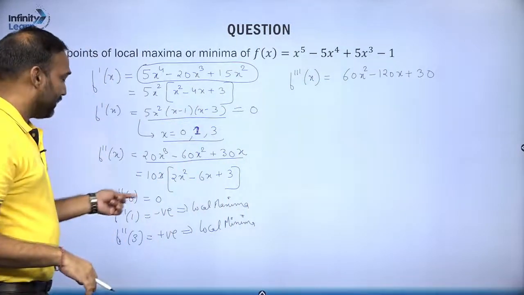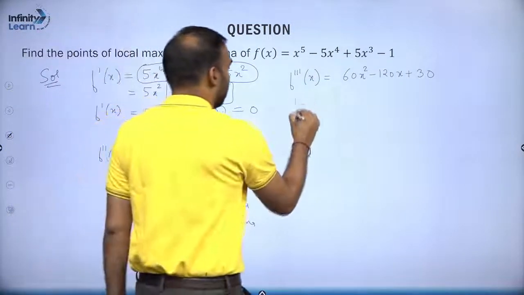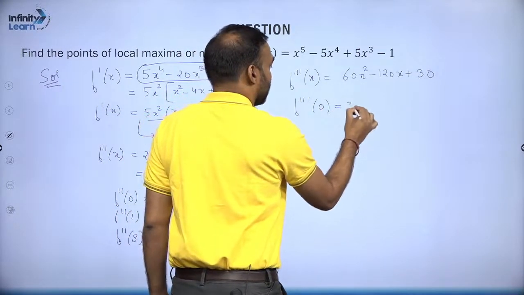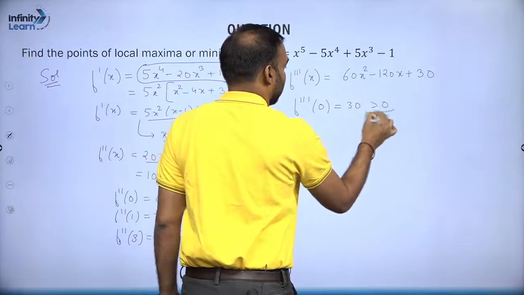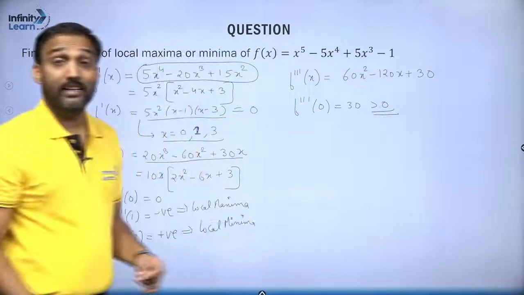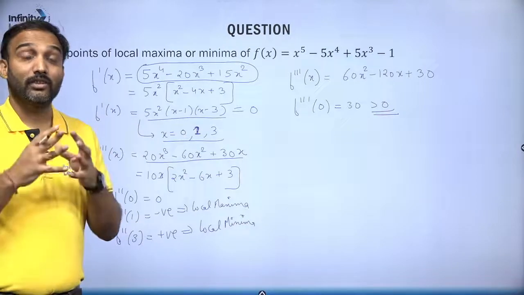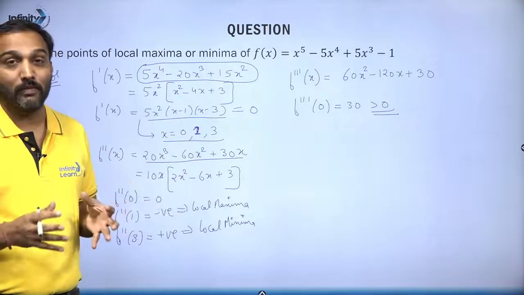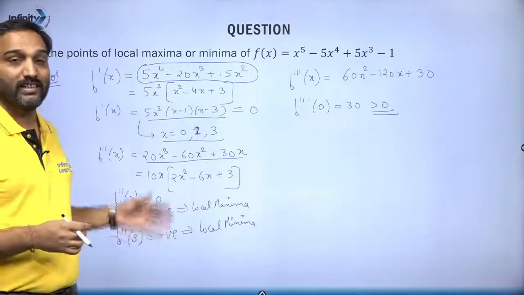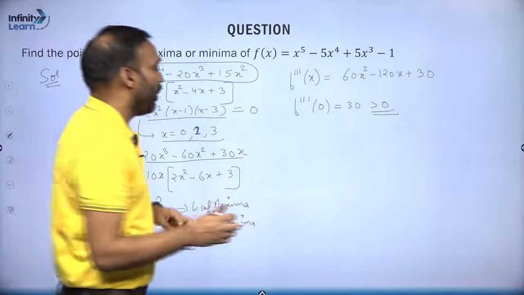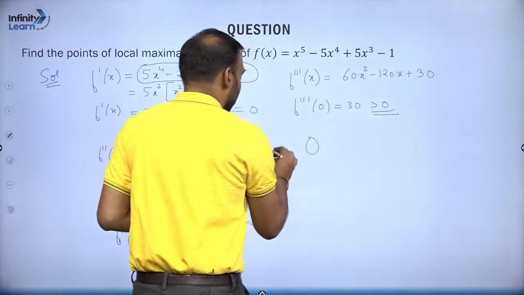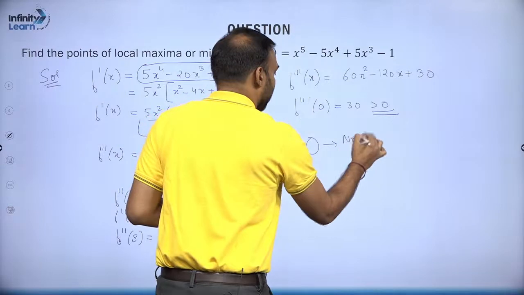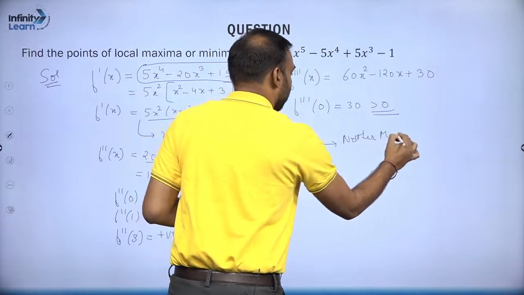Now if I put 0 over here, f triple dash 0, now I am having a value 30 that is positive, but the derivative is odd, and it is defined that if n is odd, then it is neither maxima nor minima. n needs to be even, then only we can say whether we have a local maxima or local minima. So now I can say at x is equal to 0, I have neither maxima nor minima.